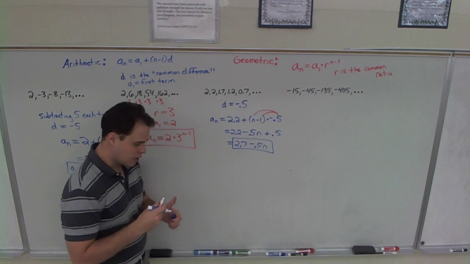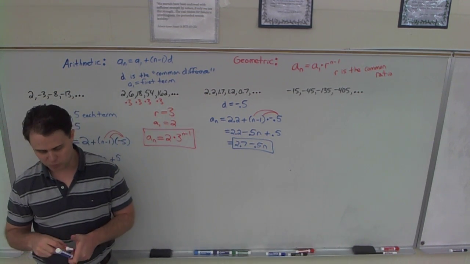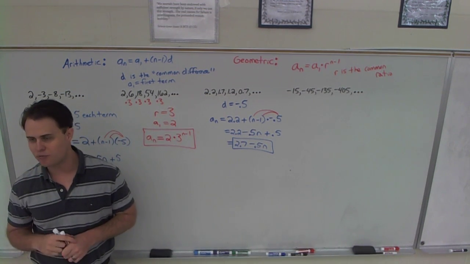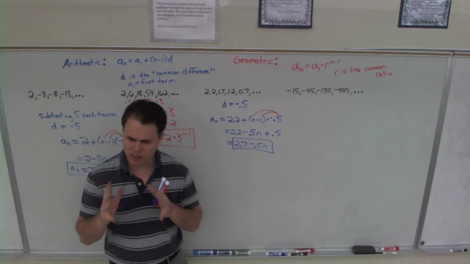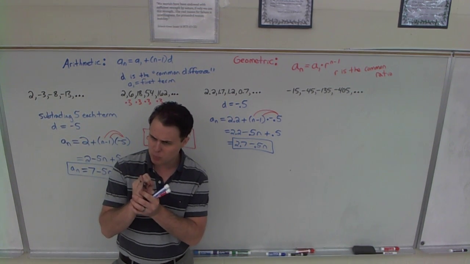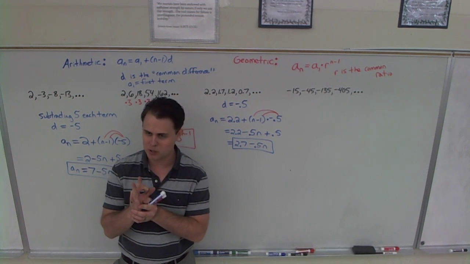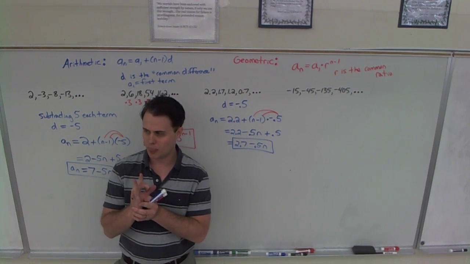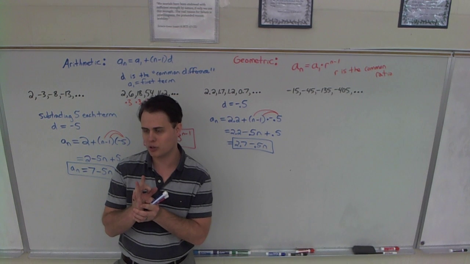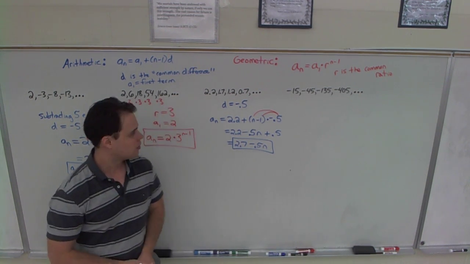And just another link from what we were working on last week, when you do mx plus b, when you graph lines, did we always look at the y-intercept? Did we look at the first term in the pattern, the second term, the third term? Where did we look to find the y-intercept, the b? It wasn't the first, second, or third, it was the 0 term.